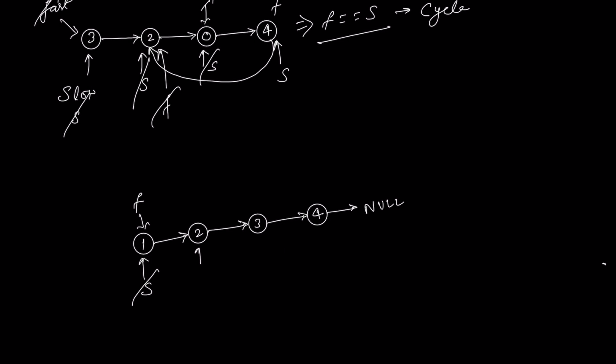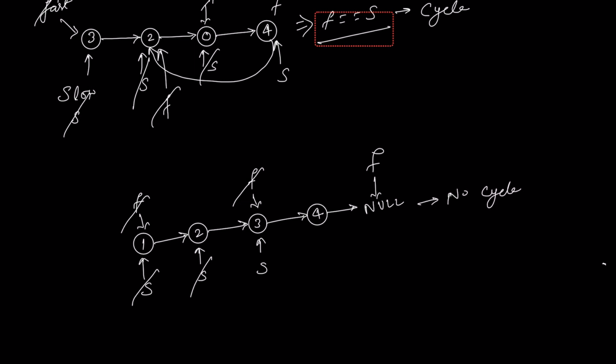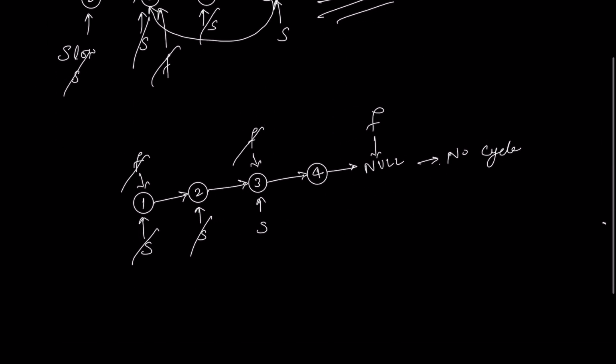S will move one position, F will move two positions. S will move one position, F will move two positions. If F is going to null, then there is no cycle. For a cycle, there is a condition: F should be equal to S. And here F is going to null, so there is no cycle.